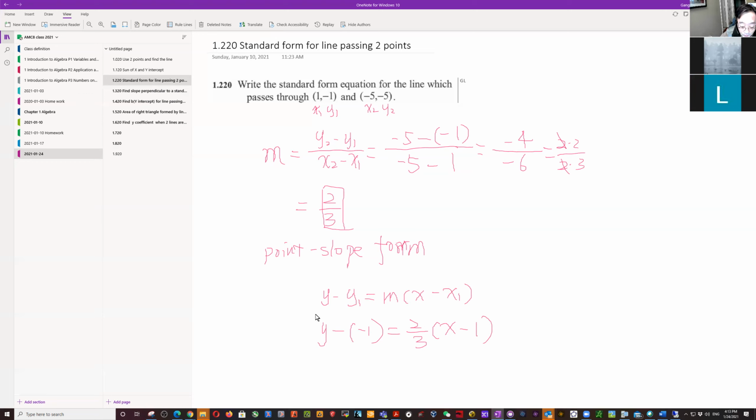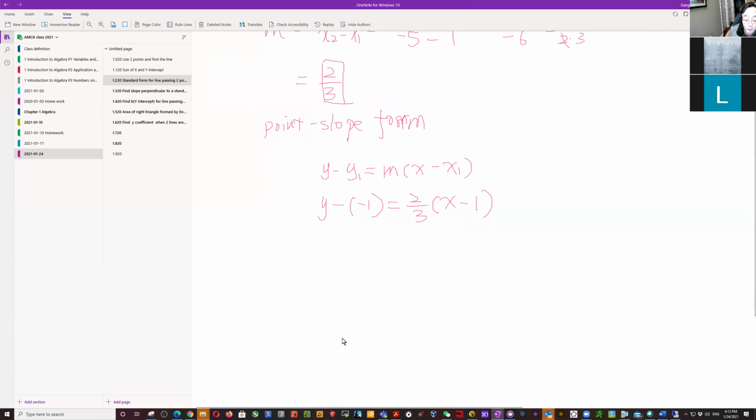So usually when you do this problem, you have to convert into the slope intercept form. So this is going to be 2/3 x minus 2/3. And here is y, plus 1.